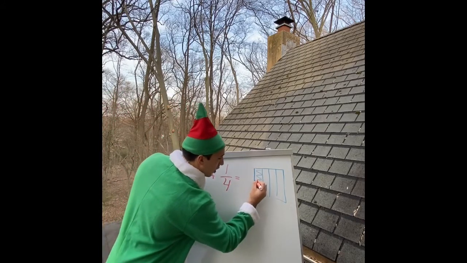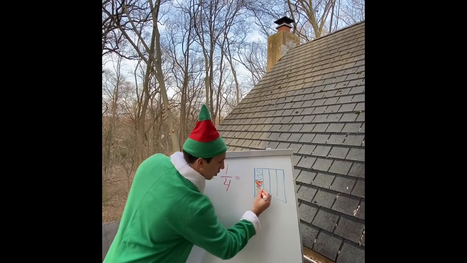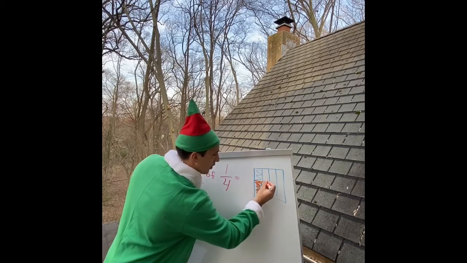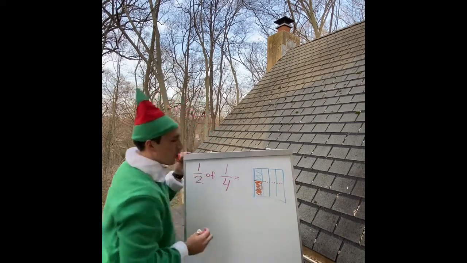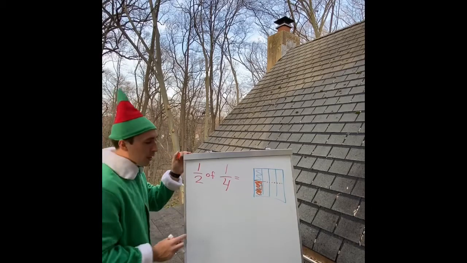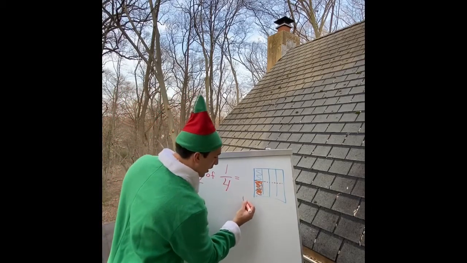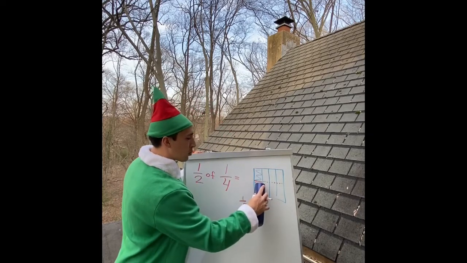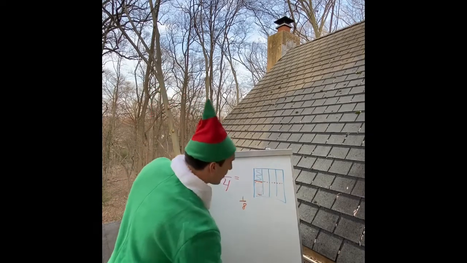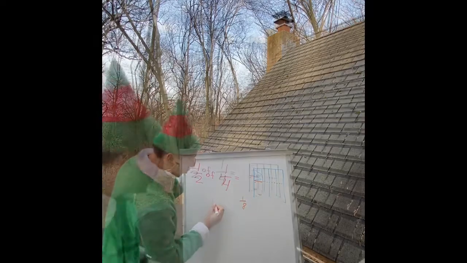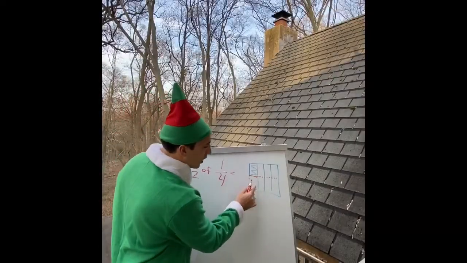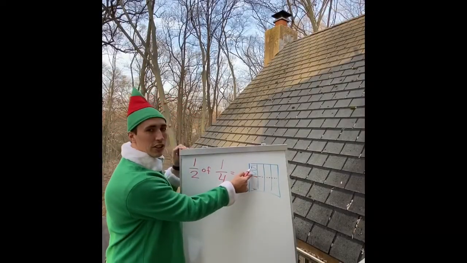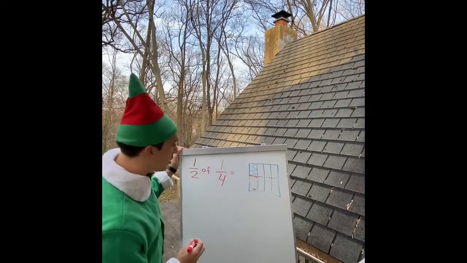So 1/2 of that 4th, we're going to drop off in the chimney. The total number of presents we're dropping off was 1/8. Once we're done dropping those off, those presents will be gone. That means we're going to have, since we dropped off 1/8 of Mr. Butler's, that's going to leave us with 1/8 of the presents left.